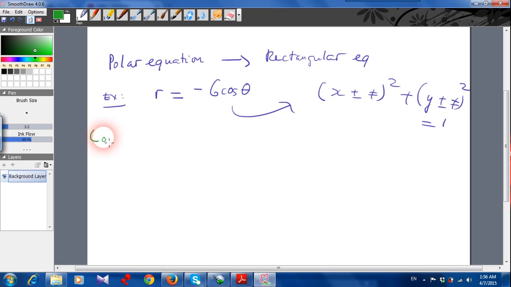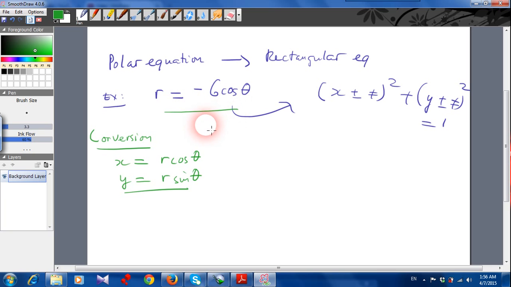In the converse version, x is r cos θ and y is r sin θ. So from here, how do you get this one?